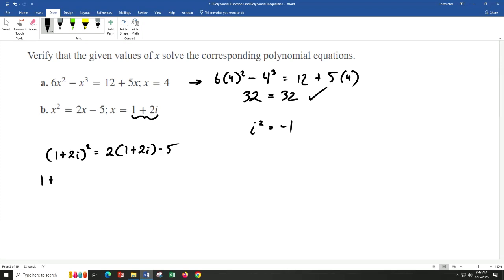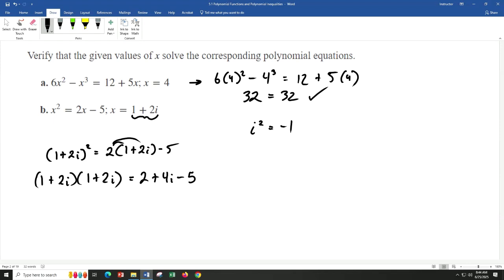Come over here, that turns into 1 plus 2i times 1 plus 2i. There is a formula for that one if you ever want to know it, but keep it as the FOIL method right now. Here I'm going to distribute, and so I'm going to get what? 2 plus 4i minus 5.